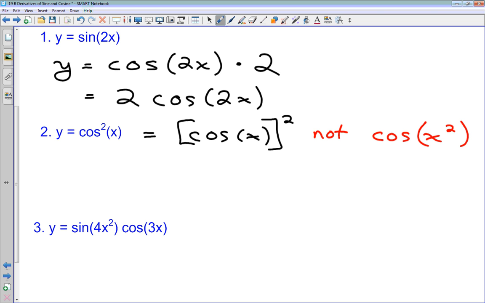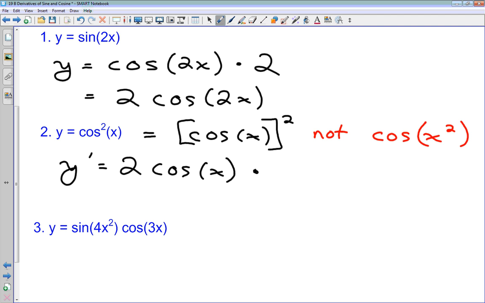So we have cosine of x all squared. Let's figure out what our derivative is going to be. How would you find your derivative here? Chain rule. Derivative of the outer function. Outer function is something squared, so we're going to bring down that 2. We're going to keep our inner function, cos x, exactly the same.